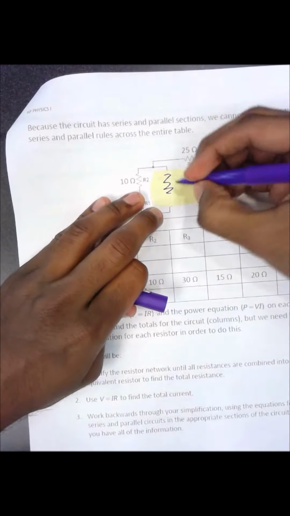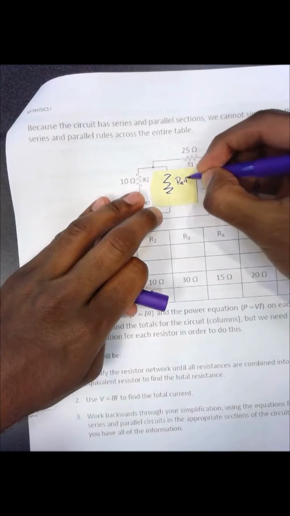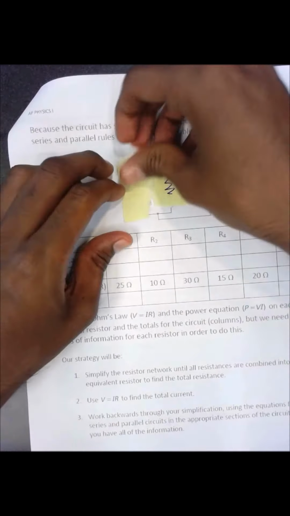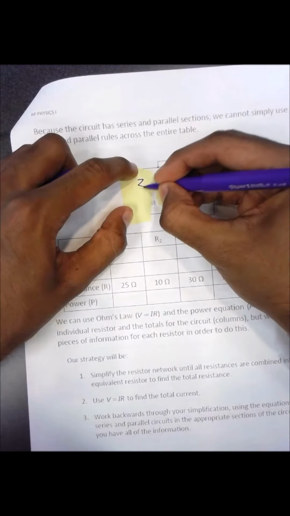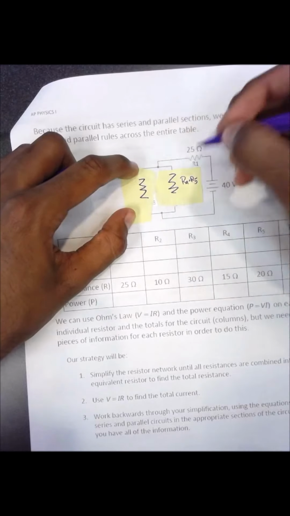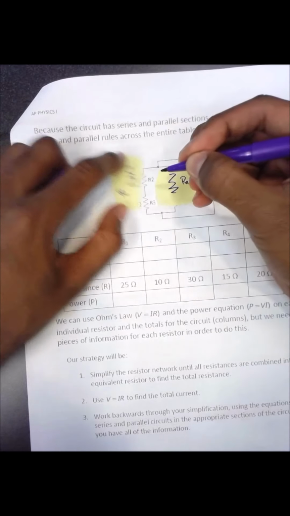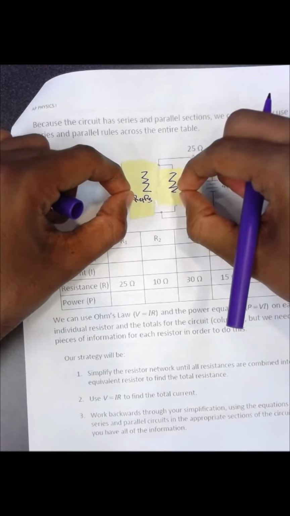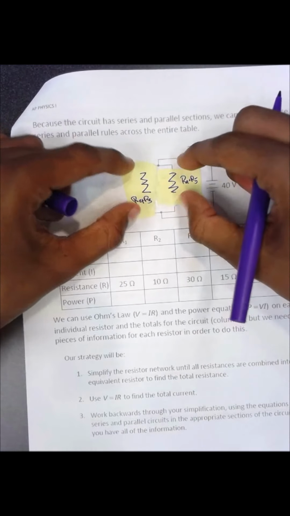So we add the resistances here, R4 and R5, and over here we replace this segment of the circuit with another resistor, which is R2 plus R3. We just add those 2 resistors in series, and then we have one resistor and another resistor in parallel.